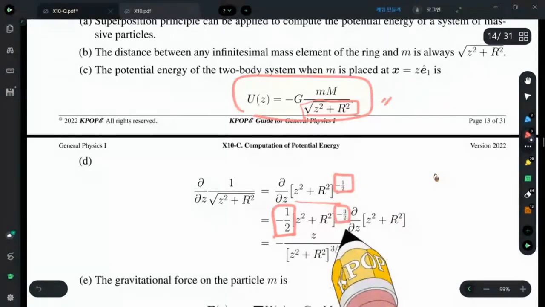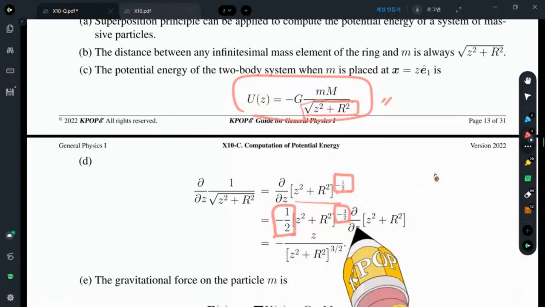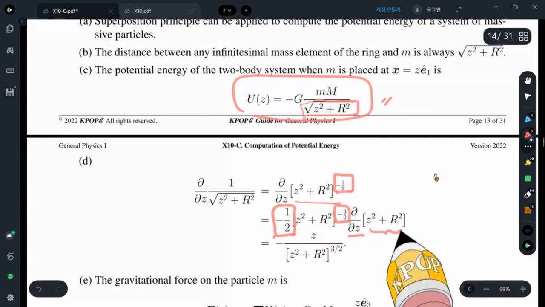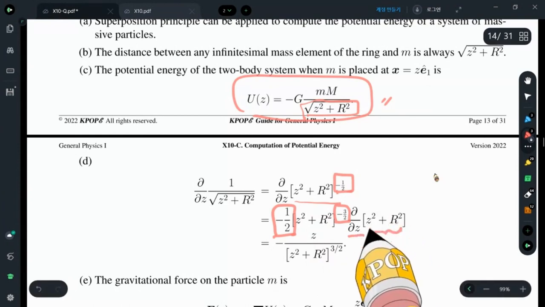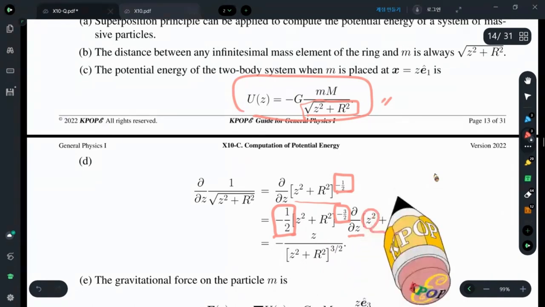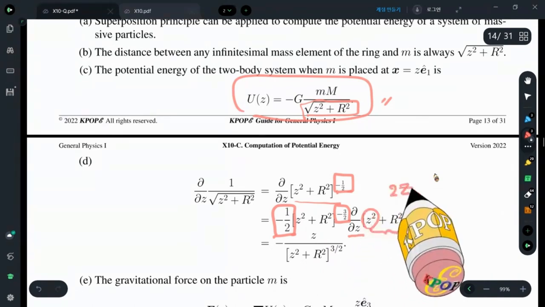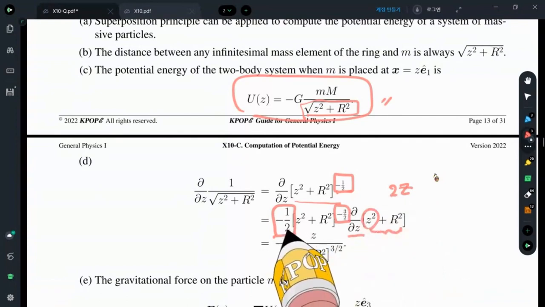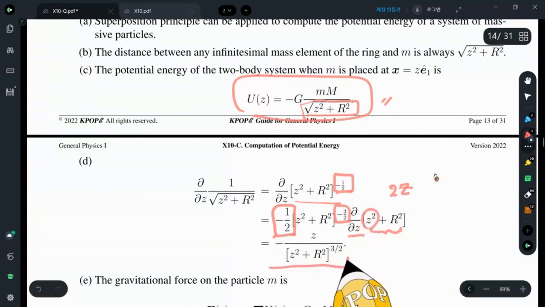And then I apply the chain rule. We take the derivative with respect to z of the argument that is z squared plus r squared. And if I take the derivative, what I find is just 2 times z, and this 2 cancels the 2 in the denominator, and I end up with this formula.